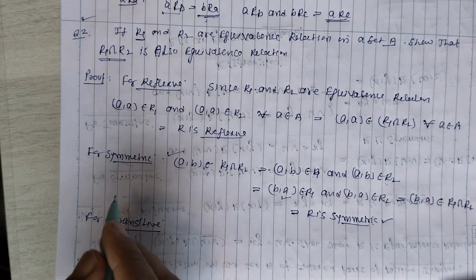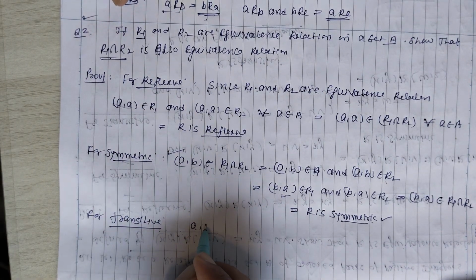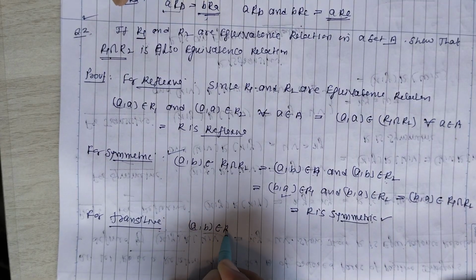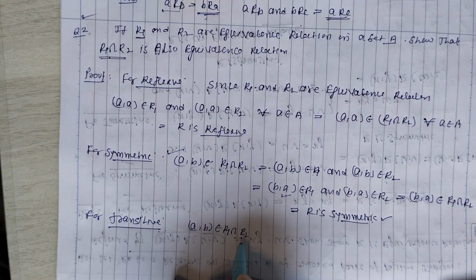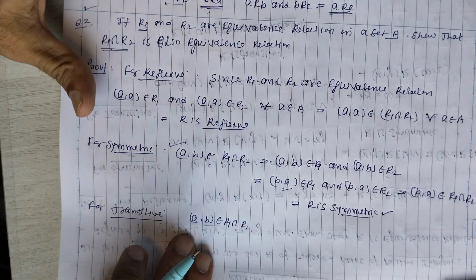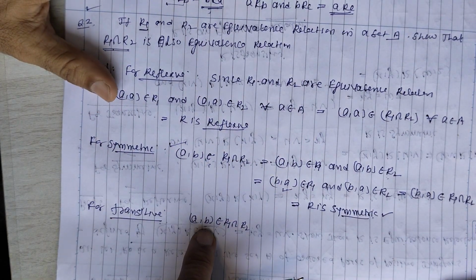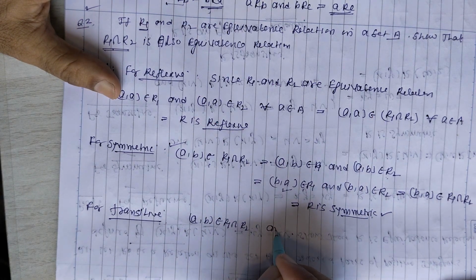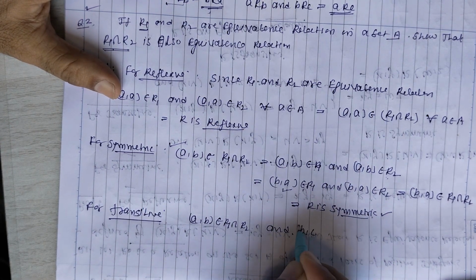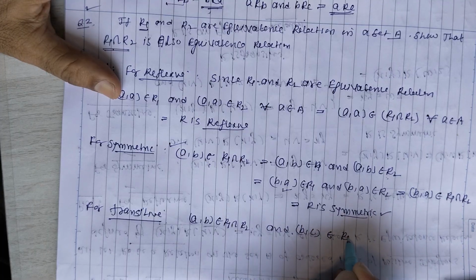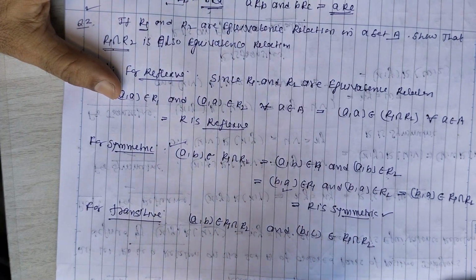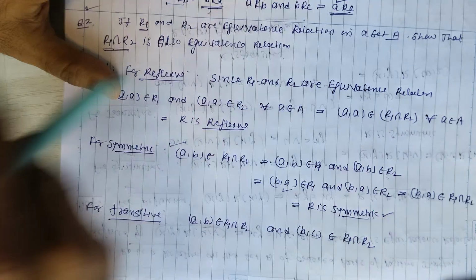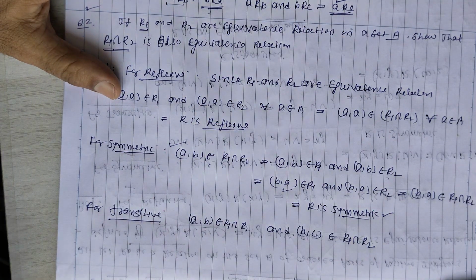(A,B) belongs to, same way, R1 intersection R2, and (B,C) belongs to R1 intersection R2, and we have to prove that (A,C) belongs to R1 intersection R2.